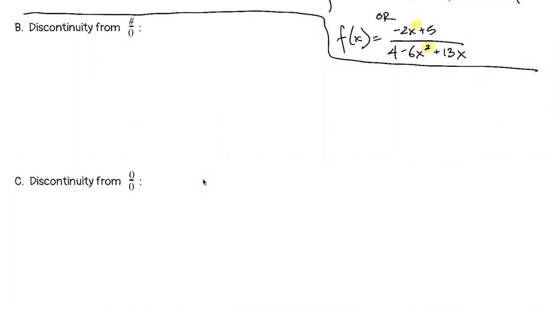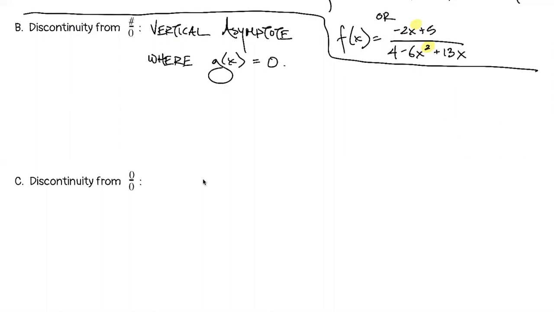But basically, if you have a situation where you end up with a number on the top and 0 on the bottom, that is going to cause a vertical asymptote where g of x equals 0. So wherever the denominator equals 0, that's going to give us a vertical asymptote.